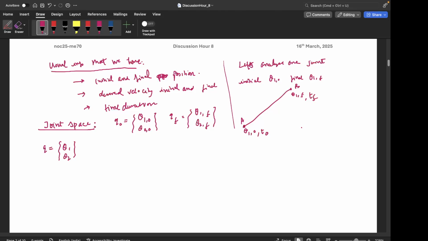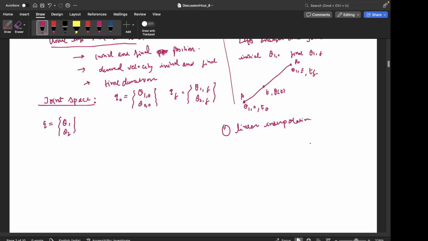At any time t, what is the position of that joint if we are using linear interpolation, the very basic one?